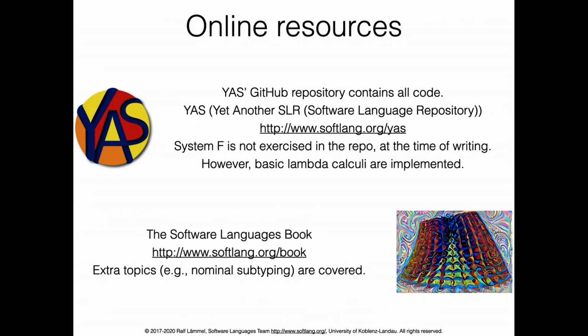Okay, so this is probably enough on this topic. I introduced the polymorphic lambda calculus System F, and also added some type extensions for records and variants. And we discussed a little bit structural type equivalence and structural subtyping, and hinted a little bit at nominal subtyping. Thanks.